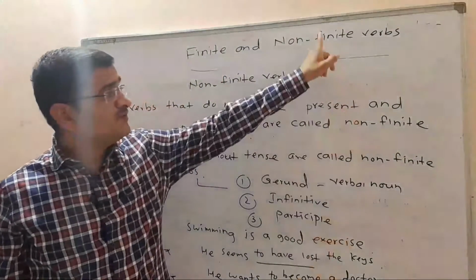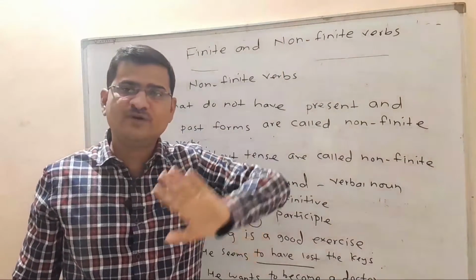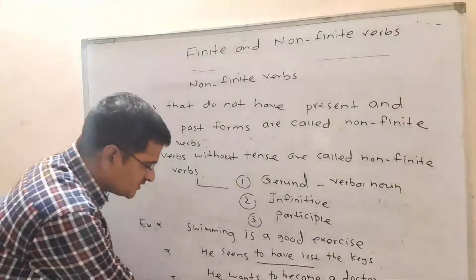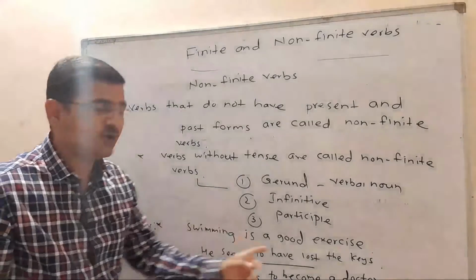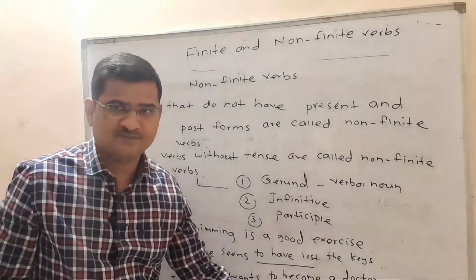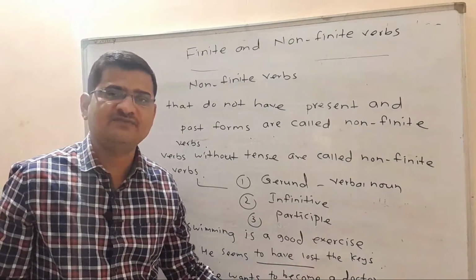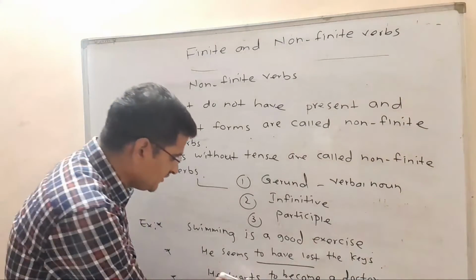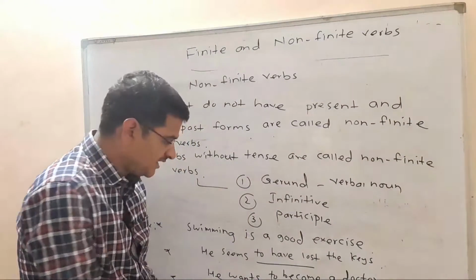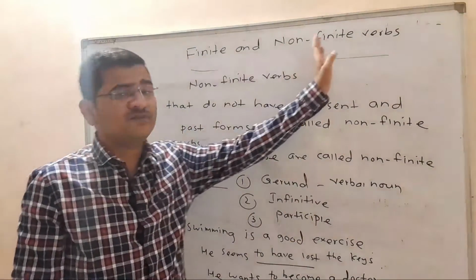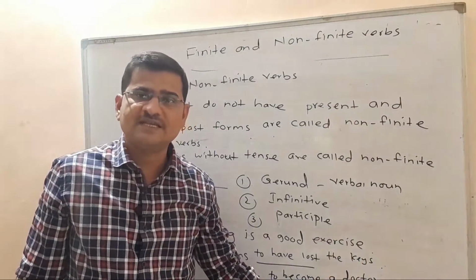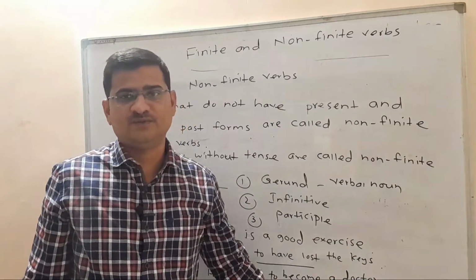Non-finite verbs are not the main verb in the sentence, because here wants is the main verb and the non-finite verb is to become, and it is an infinitive. To become is an example of an infinitive.